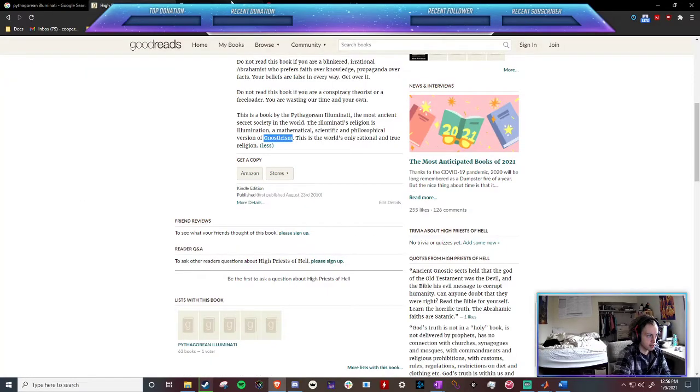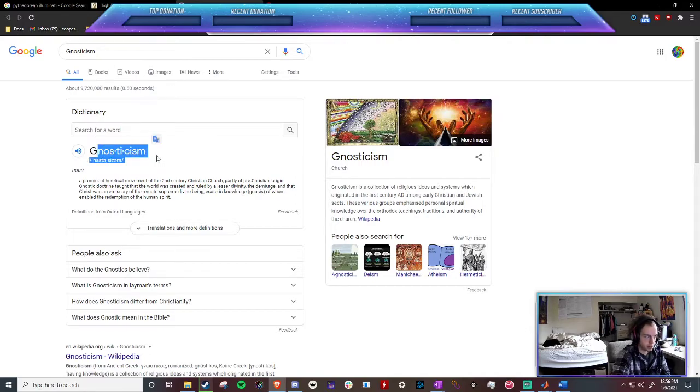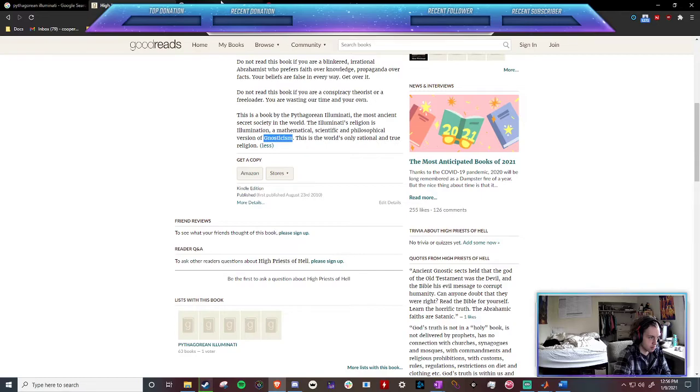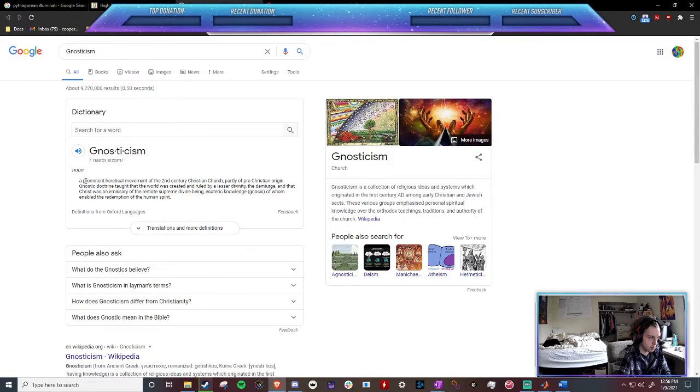A scientific version of Gnosticism? A scientifical version of the doctrine taught that the world was created and ruled by a lesser divinity, the demiurge, and that Christ was an emissary of the remote supreme divine being, esoteric knowledge, gnosis, of whom enabled the redemption of the human spirit.